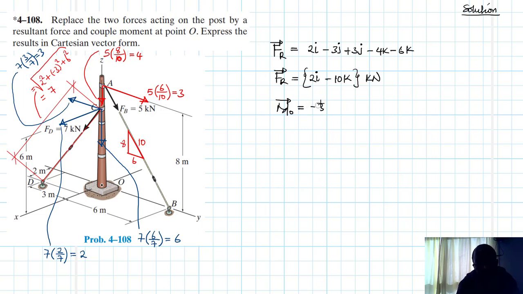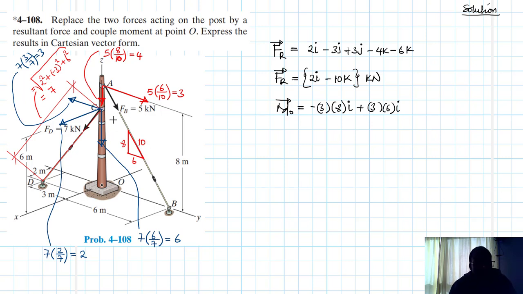So it will be minus 3 like so times the lever arm, which is 8, i. Anything else? Yes, we do have the blue, this 3 also. This 3 is going to have a positive moment. So this is going to be equal to plus 3 by the lever arm, which is 6, also i. Other than that, do I have anything? No.